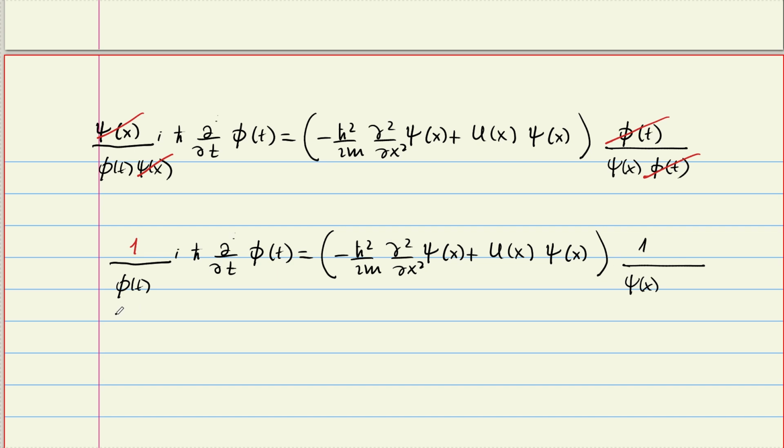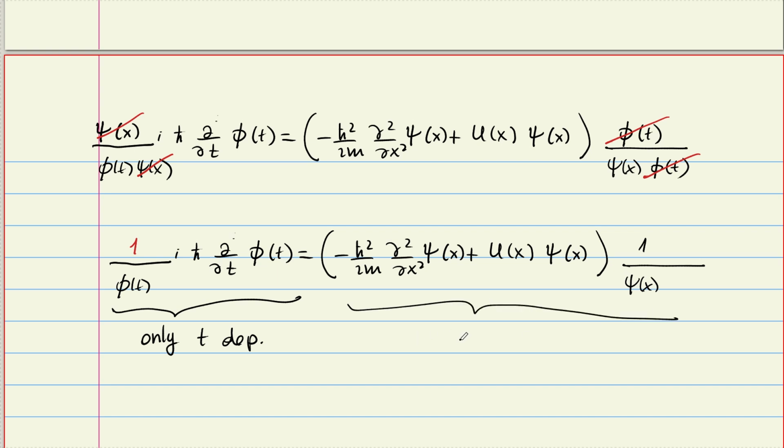Now I see this side, and I only see t. There is no x. This side doesn't know anything about x, so this is only t dependent. And I look at the right hand side, and I don't see any t. Everything is written in terms of x, so it is only x dependent.